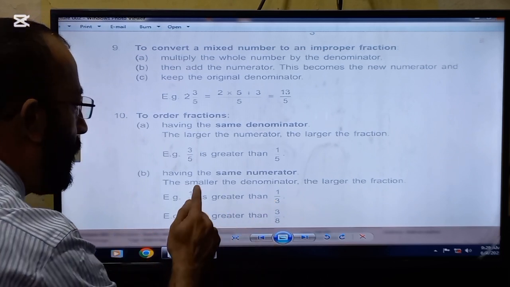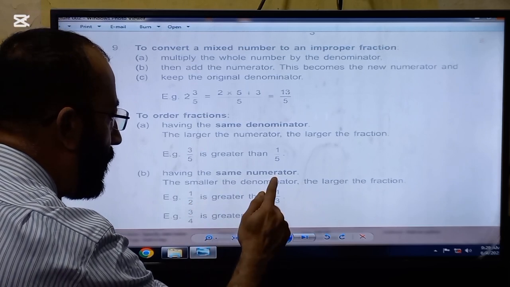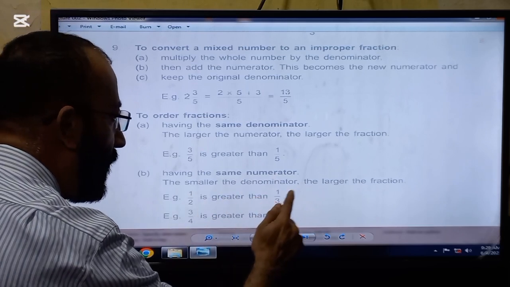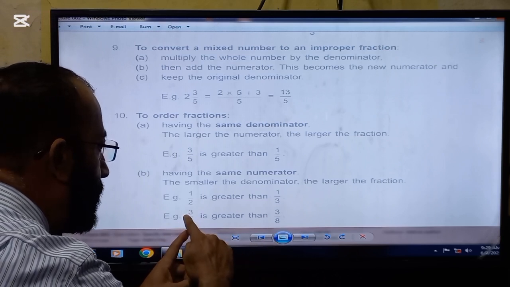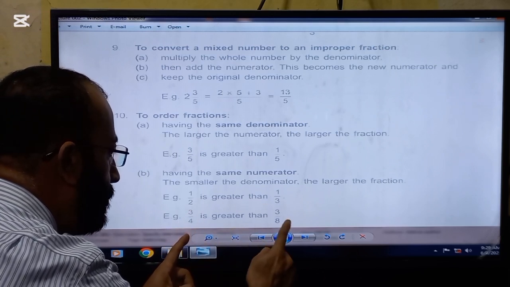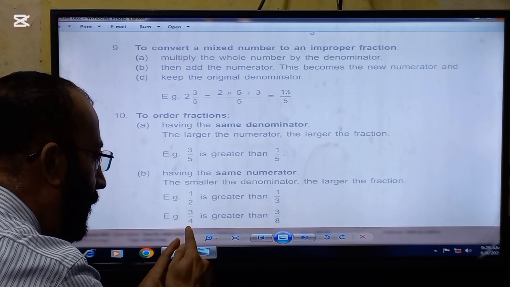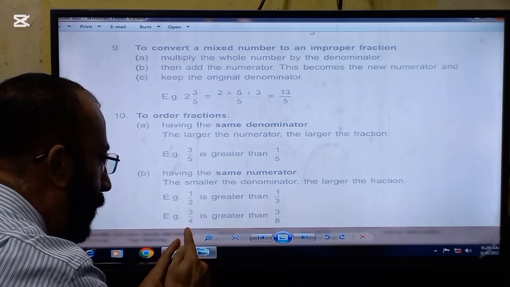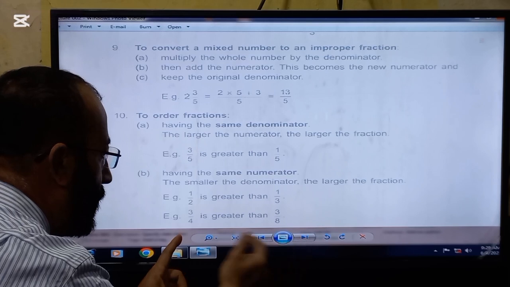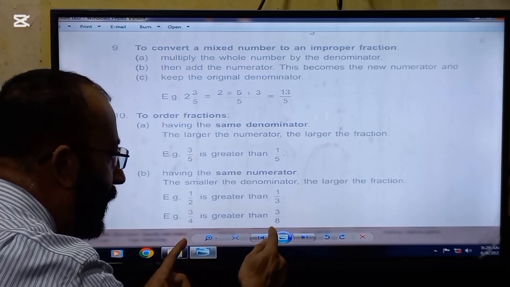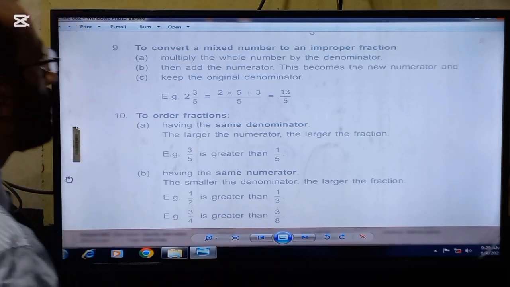So again listen, when the numerator is the same, the smaller the denominator, the larger the fraction. Here is another example. The numerators are the same, and the fraction which has the smaller denominator will be greater than the other fraction. So 3 by 4 is greater than 3 by 8.